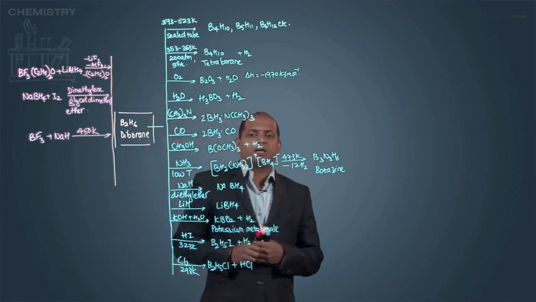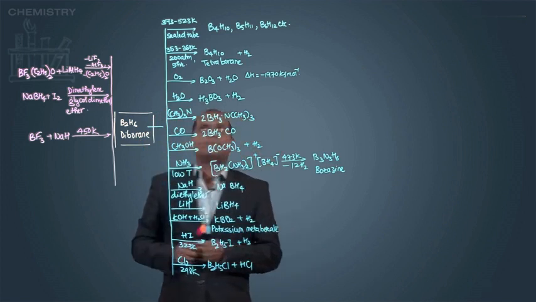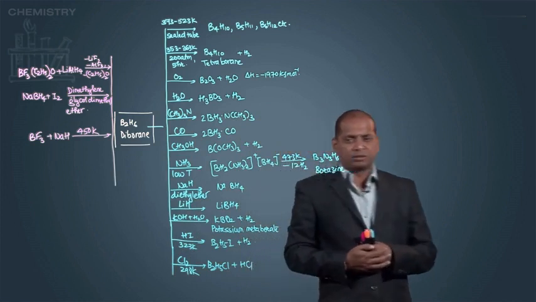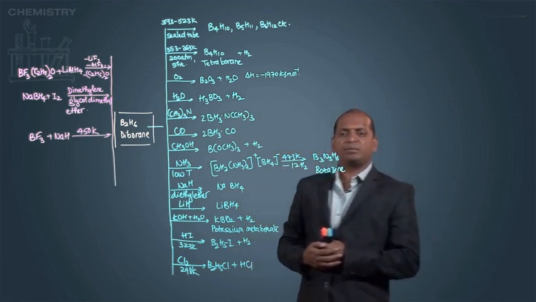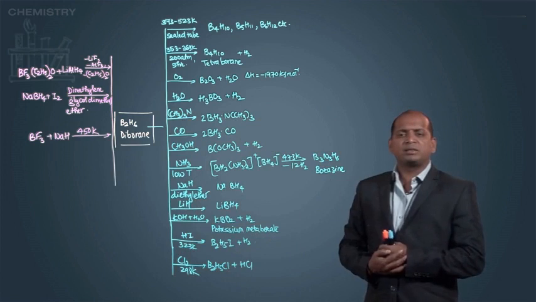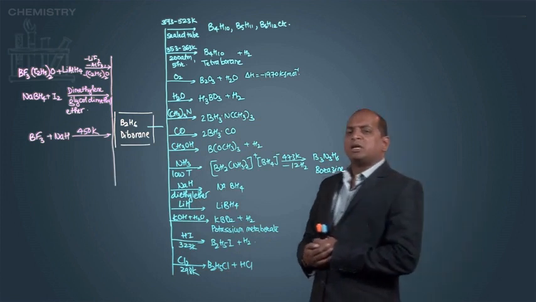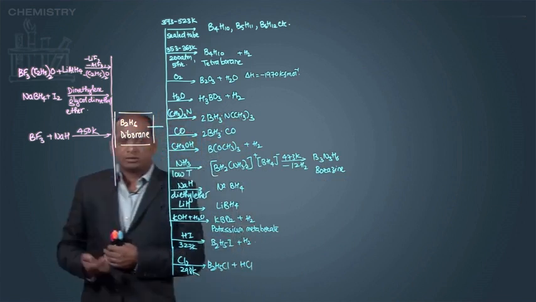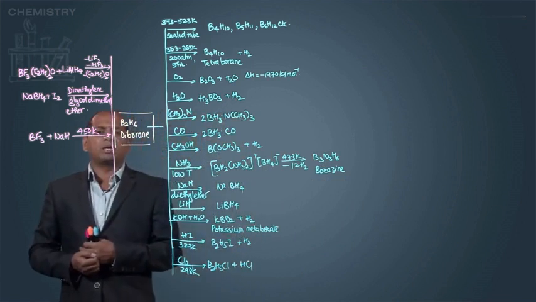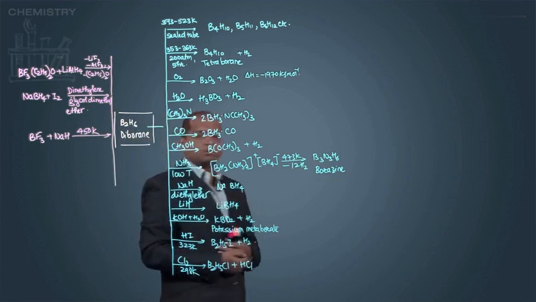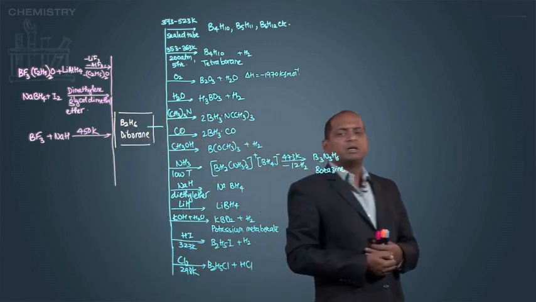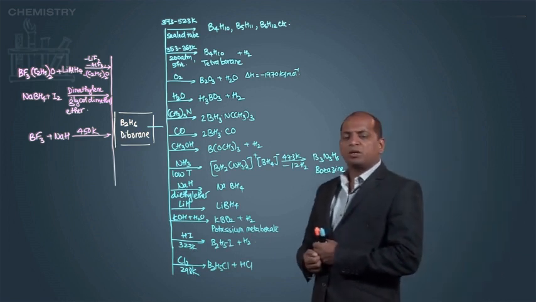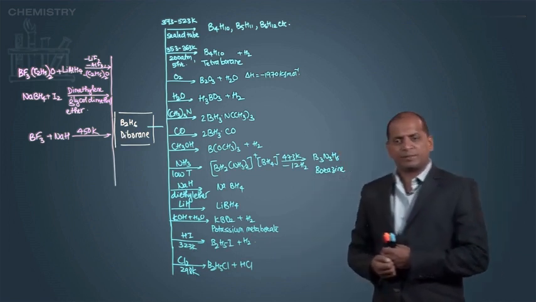Now, what are the reactions of diborane? Diborane is stable at low temperature. As we go on increasing the temperature, diborane is converted into higher boranes. As I already told you, there are mainly two types of boranes, BnHn+4 and BnHn+6.